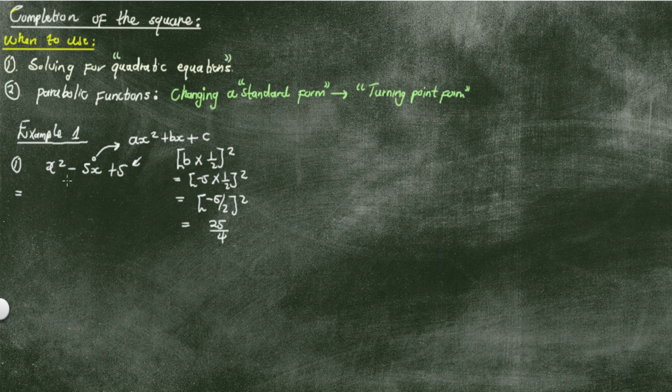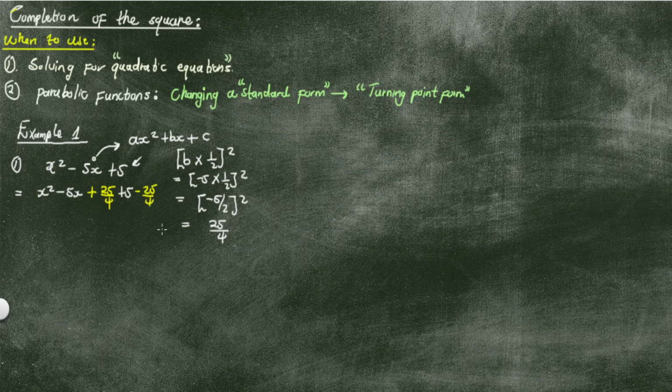Then when we simplify this, we're going to say x squared minus 5x plus 25 over 4, then plus 5 minus 25 over 4.